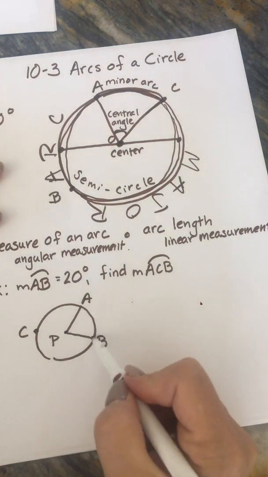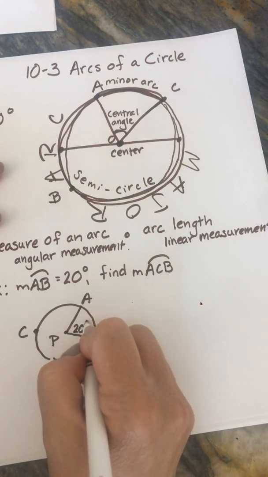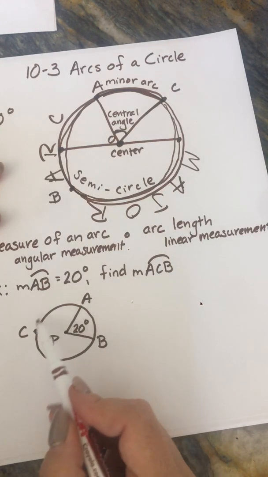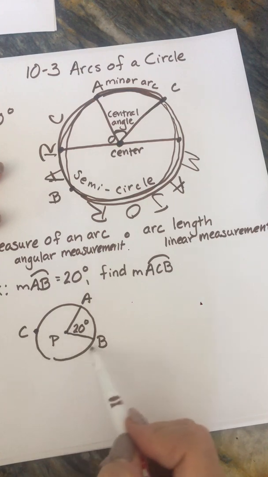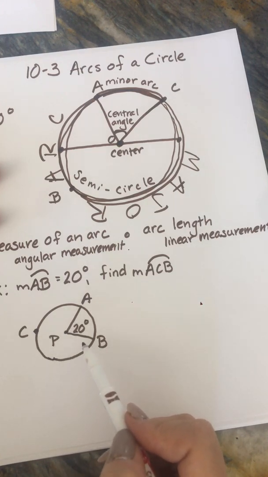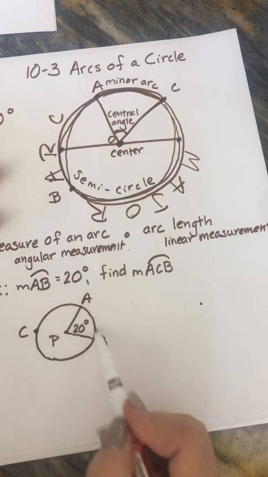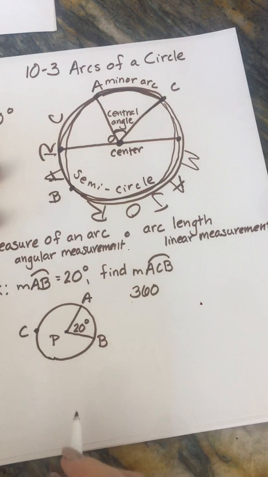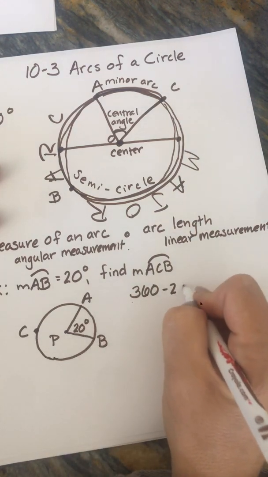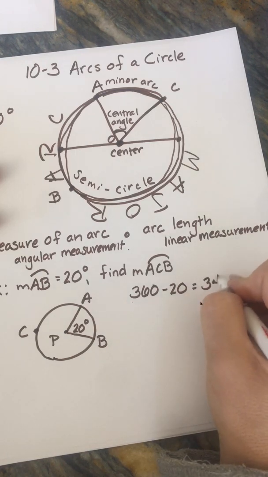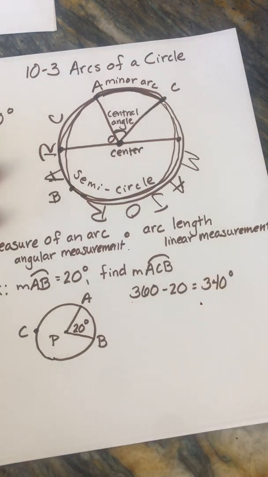So AB is this minor arc, it's 20 degrees. We want to find the measure of arc ACB, so the major arc. So we just need to make sure we understand the relationship here. The whole thing is 360. 20 is taken up by AB. So what's left over is ACB. So that's 340 degrees.